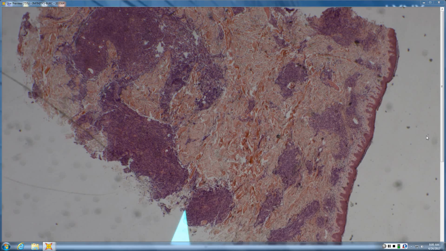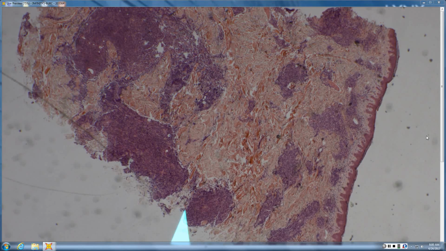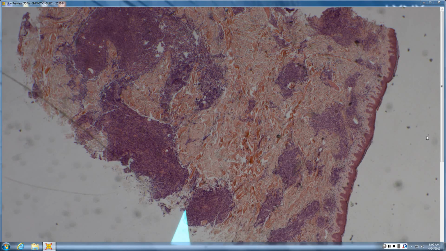So how would you expect it to stain? CD20, CD79, BCL2 positive, BCL6 negative. Yep. And then depending on the stage, like CD10 positive.